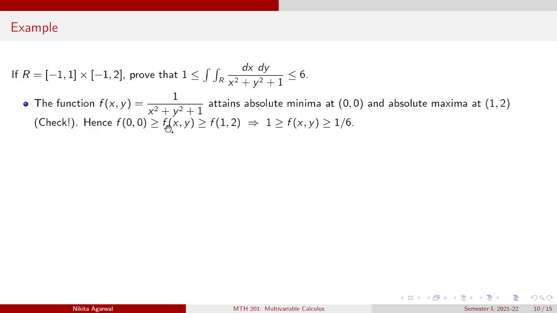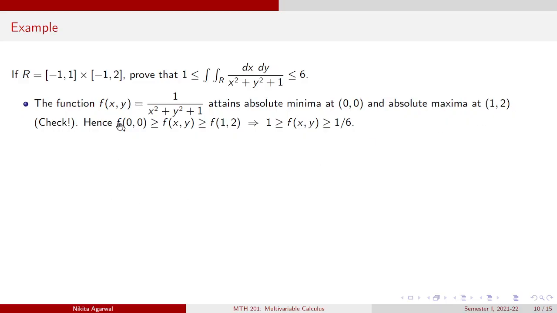So therefore f(x, y) in this domain is less than f(0, 0), which is, just a minute, so this should be opposite, right? This should be maxima at (0, 0) and minima at (1, 2). Okay.